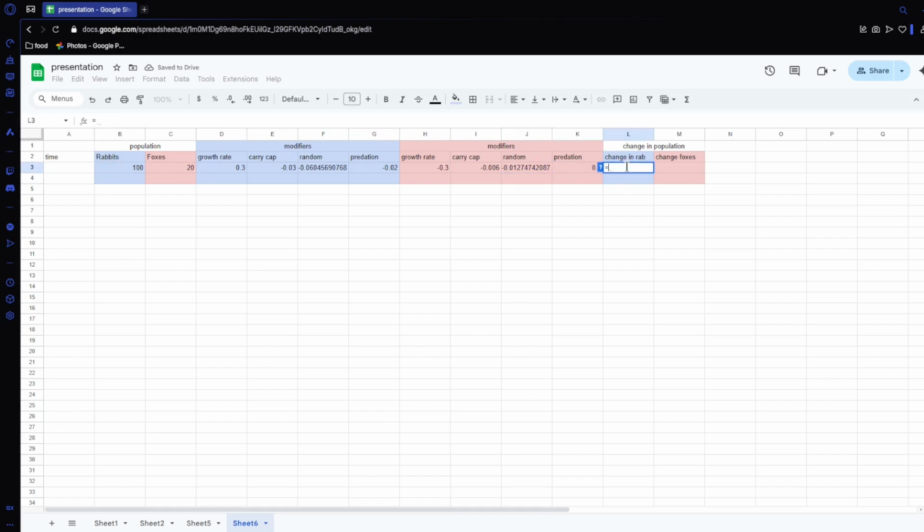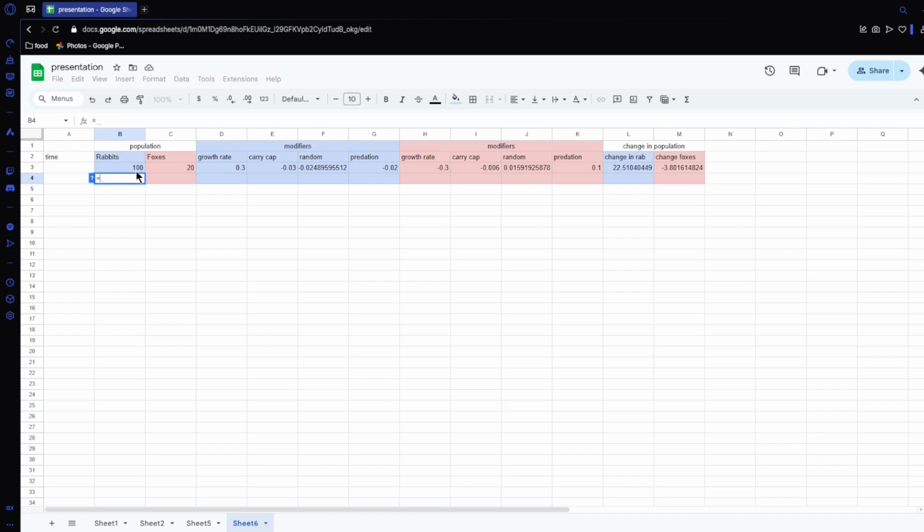So now, equal sign rabbits times the sum of all of our rabbit modifiers. And change in foxes is current foxes times the sum of all of our fox modifiers. And we see that we actually are losing foxes in the beginning and gaining rabbits. Interesting.